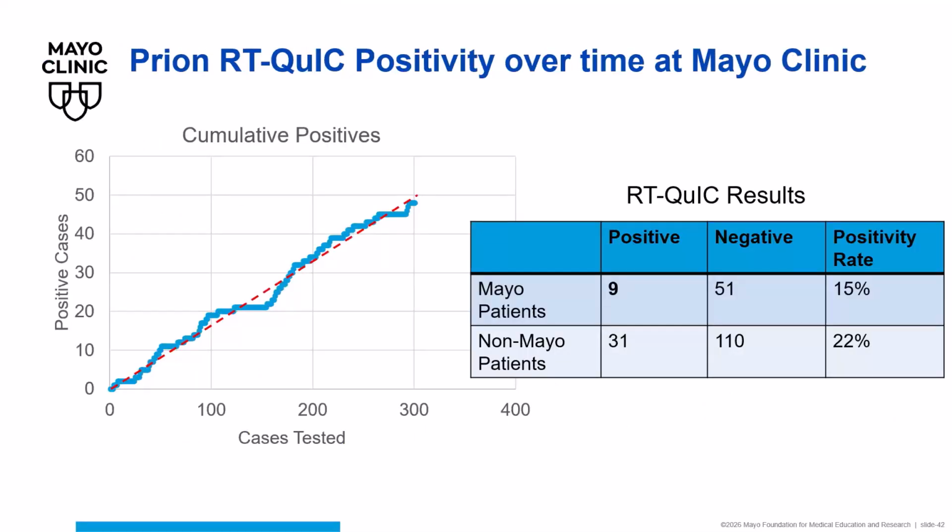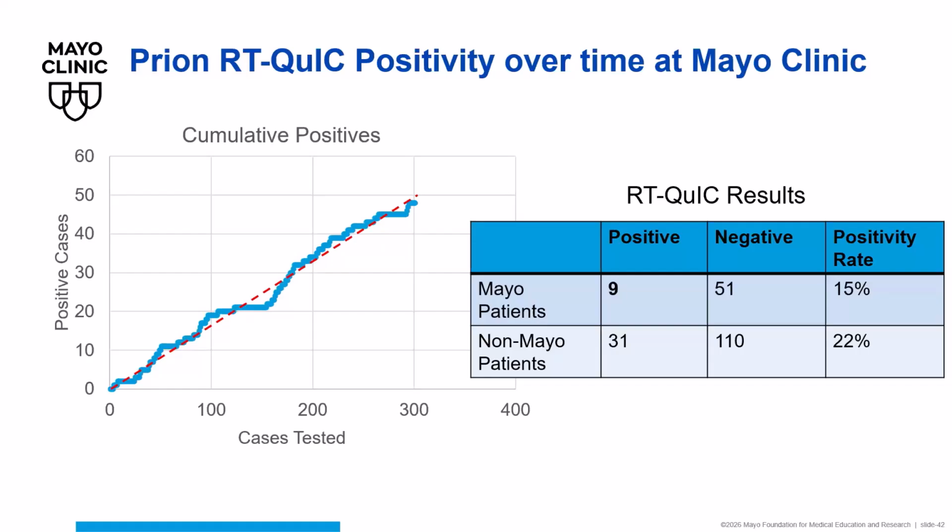Our experience offering this test since 2004: this is just an early snapshot of the first 300 cases we tested, but this has continued over time. Our positivity rates are somewhere between 10 and 20%. In our Mayo patients, it's about 15%, a little higher for non-Mayo patients. This really is just highlighting that the test is being utilized properly.